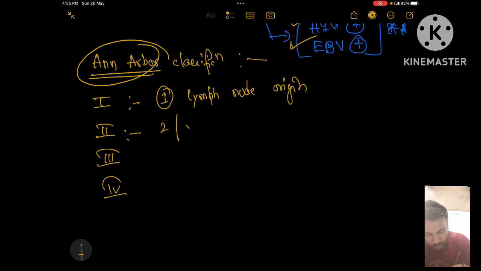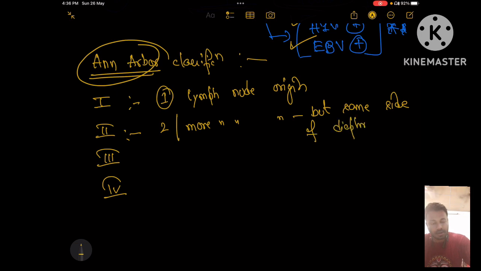Two or more lymph nodes on the same side of the diaphragm.